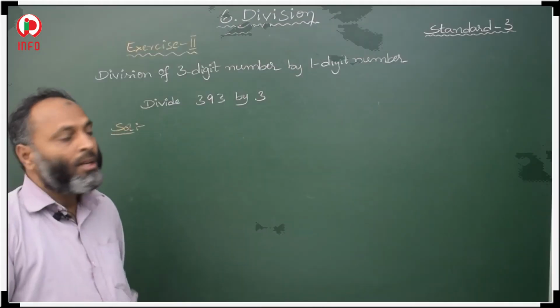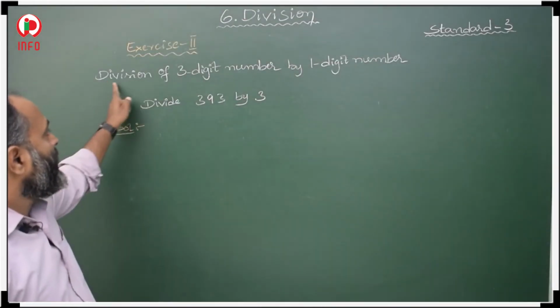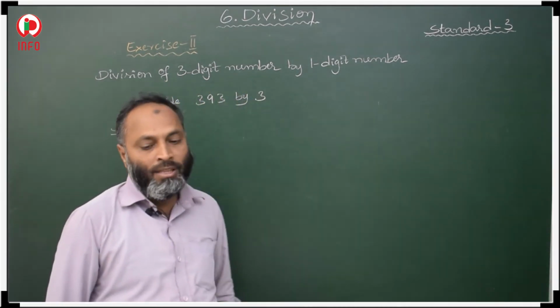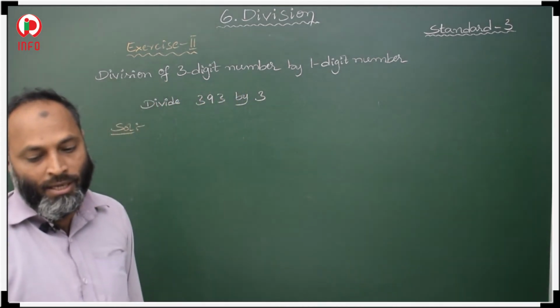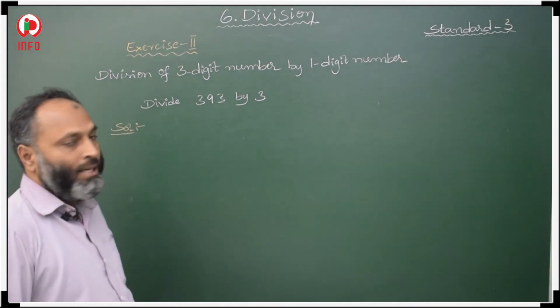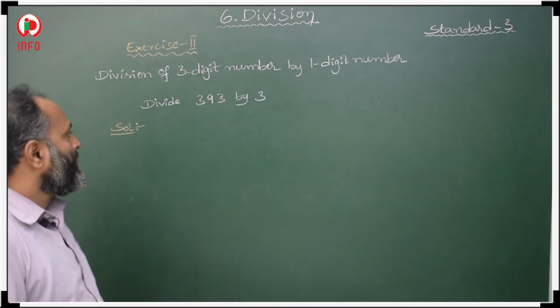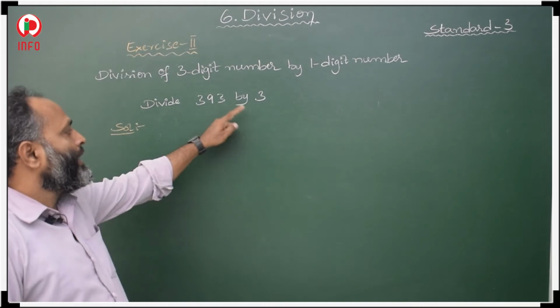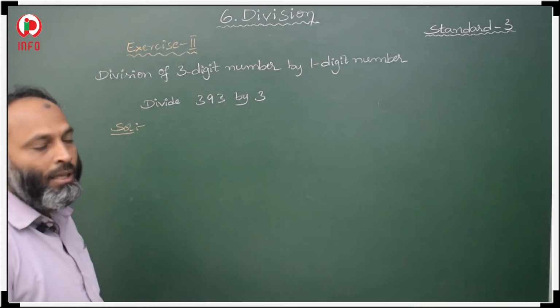Now students, here is division of a 3-digit number by a single digit number. How to divide? See here, divide 393 by 3. How to divide?